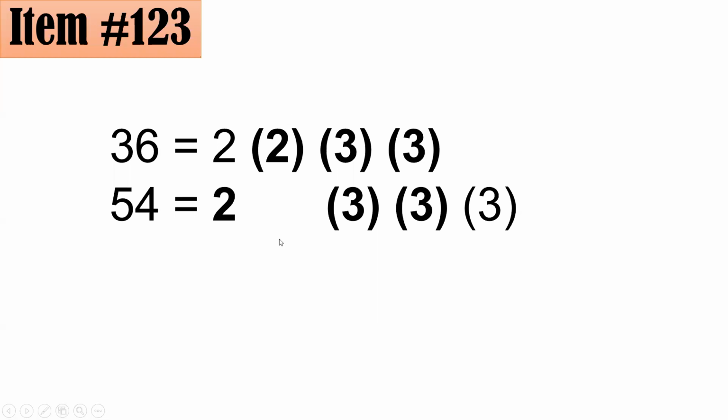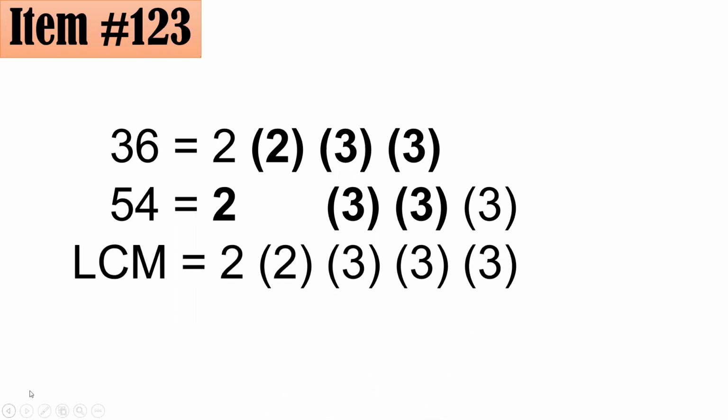That's why meron po siyang kanyang sariling column. Tapos, align yung 3, align yung 3. Pero yung 54 po natin ay meron pa siyang extra na 3, pero wala na pong 3, no? Sa 36. Kaya yung ginawa po natin ay gumawa po tayo ng sariling column para sa kanya. And yung gagawin po natin next to get the LCM, just do this.